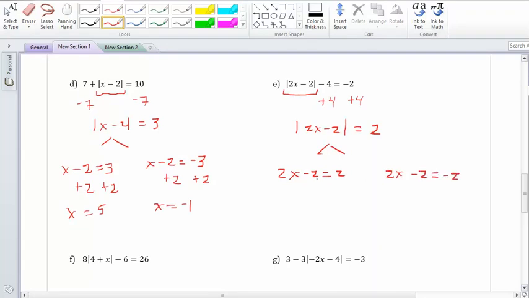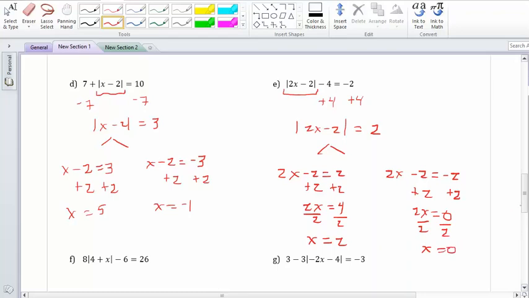This is a two-step equation, same as here. We're going to add the 2, divide. We've done two-step equations a million times. There we go. 2x equals 0, divide by 2, and we get 0.